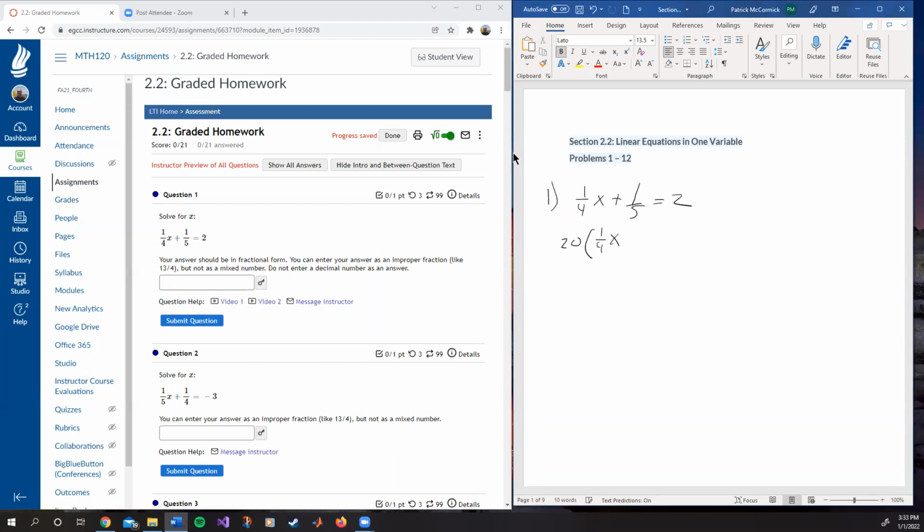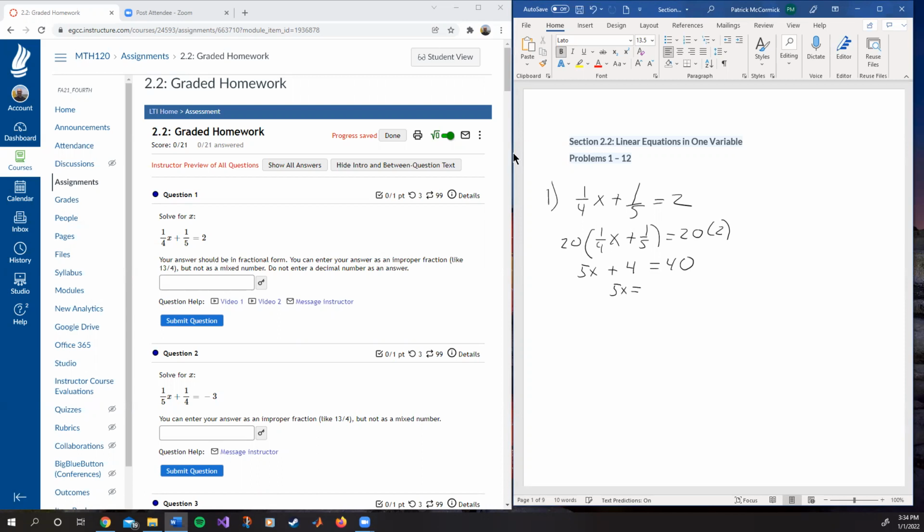Both sides. So 1/4 x plus 1/5 equals 20 times 2. I'm going to distribute this 20 through. Notice 20 times 1/4 is 5x. 20 times 1/5 is 4, equals 40. At this point, no fractions. Now we solve this linear equation. Subtract the 4 from both sides.